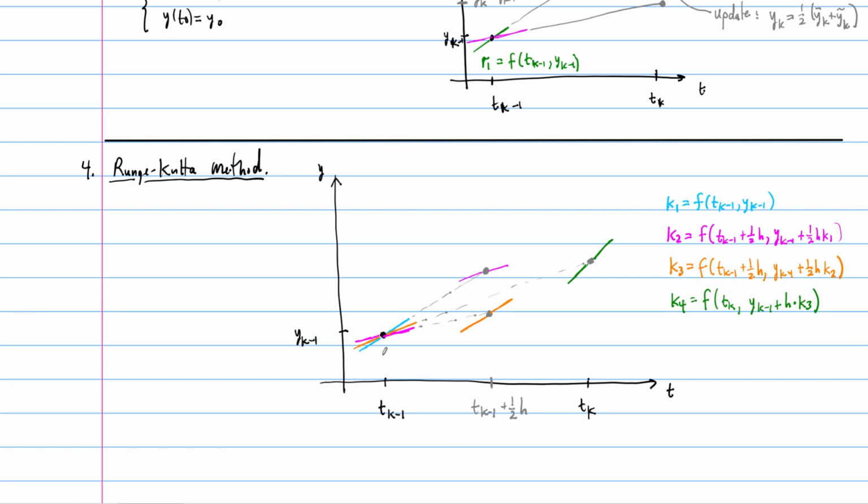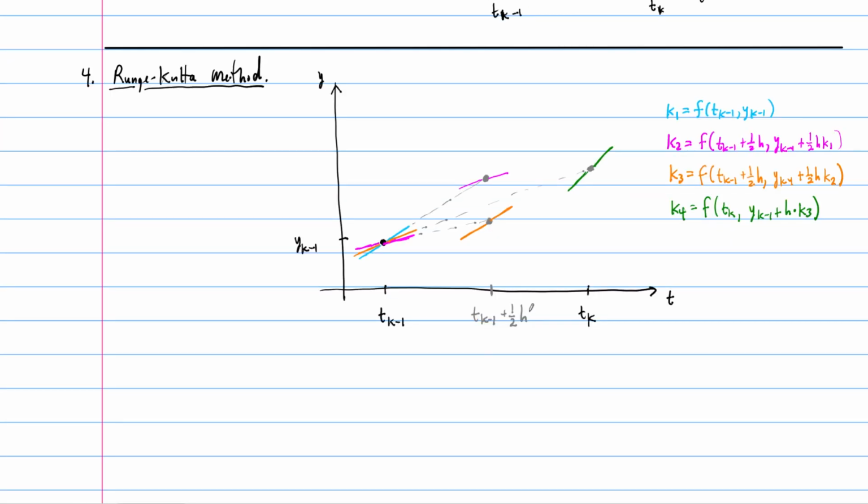Now we have these 4 different slopes. They're measured, 1 here, 2 of them here, 1 of them over here. And we need to weight these now. So the ones that are done in the middle need to be weighted twice as much as the ones on the end, because they're only a half step and not what we would consider a full step for each of these. So our slope in this case is a weighted average. Our slope m_{k-1} is what we've been calling it, right?